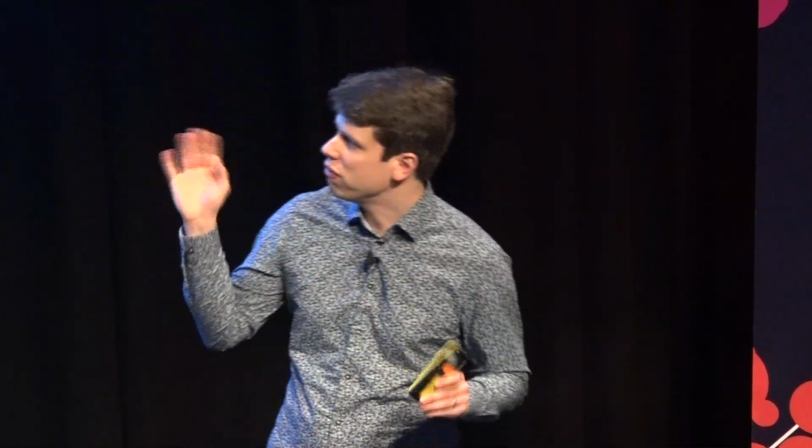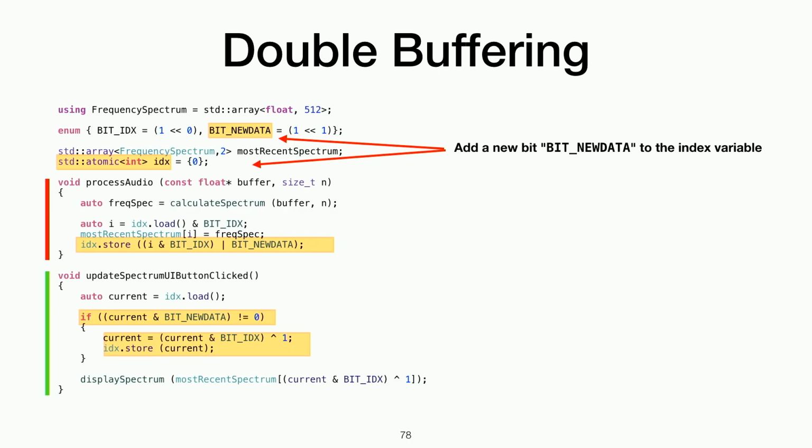So to solve this we need another flag to indicate if there's actually new data available for us. And as Dave showed before in his previous slides, you should always have a warning alarm signal when you are trying to put in 2 atomics in your code to solve a single problem.